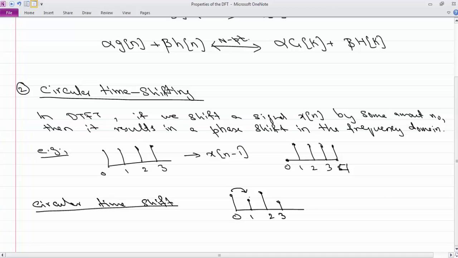So whatever was at 0 comes to 1, 1 goes to 2, 2 goes to 3. Now in the classical linear shift, the 3 value goes to n equal to 4. In circular shift, the 3 value wraps back and comes to 0.